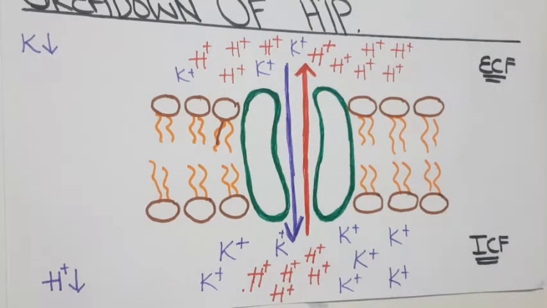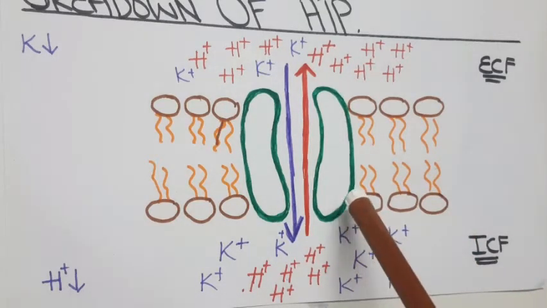This is just a general diagram showing movement of potassium and hydrogen ions through this proton pump. Outside the cell we have low potassium concentration and inside the cell we have low proton or hydrogen ion concentration.